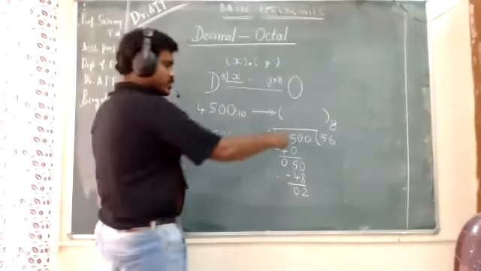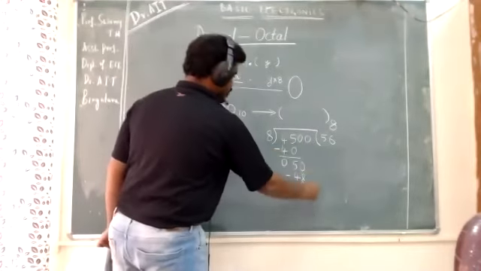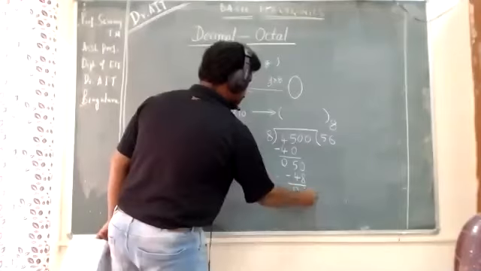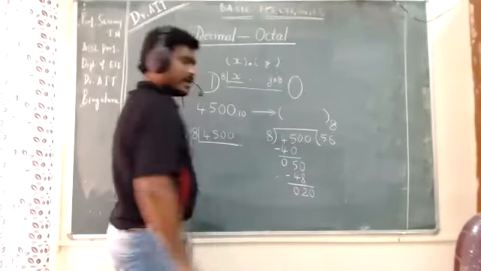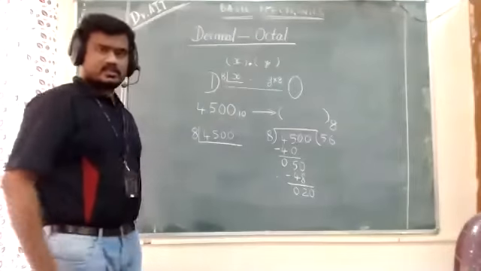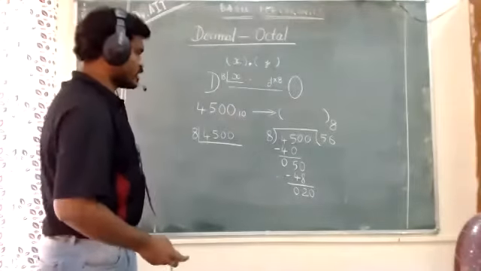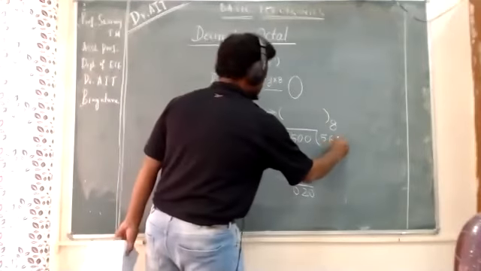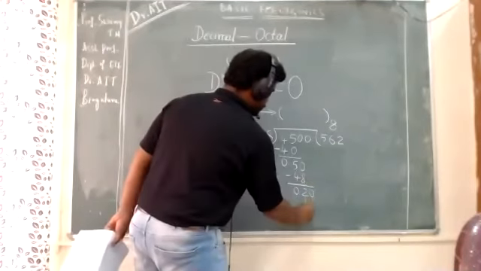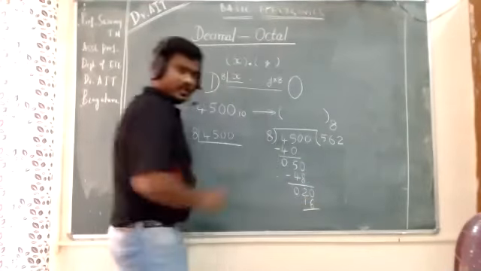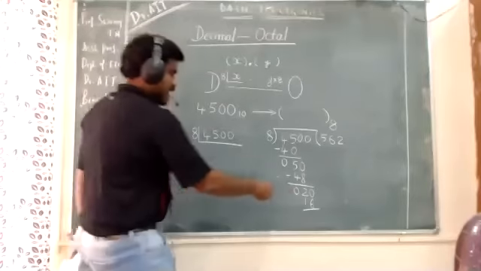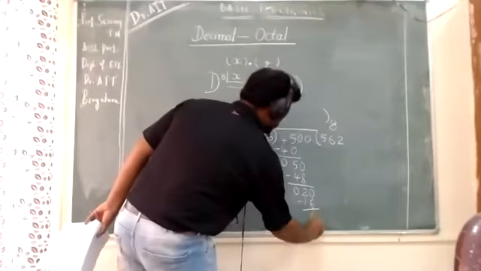Since one more 0 is here, take this 0 and put it here, and this 20 is still greater than 8. So you can divide this by 8. So 8 2s are 16, and you will get the difference as 4.